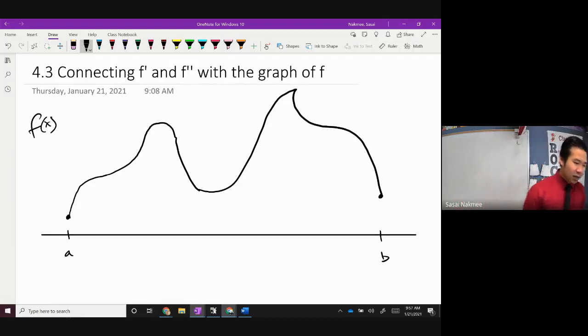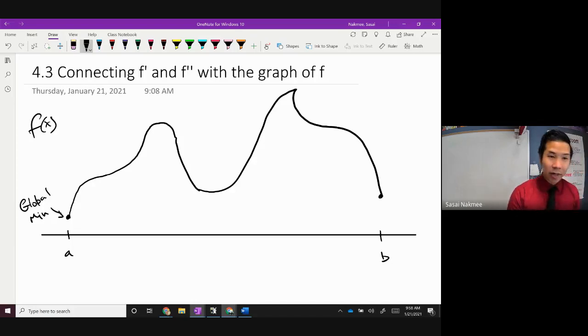But in your homework, you were asked to find an absolute extrema. For this particular problem, I'm hoping you can see that this right here is considered a global minimum. Where's the global minimum occurring?